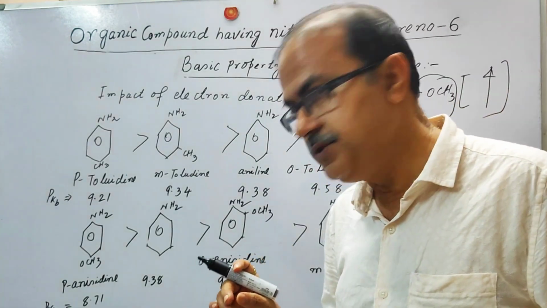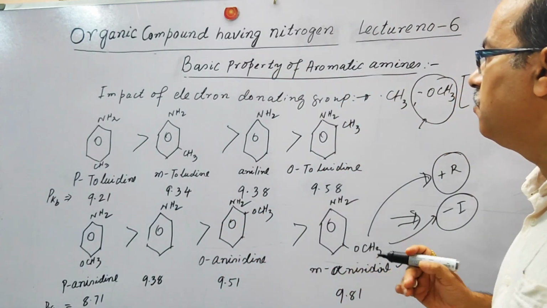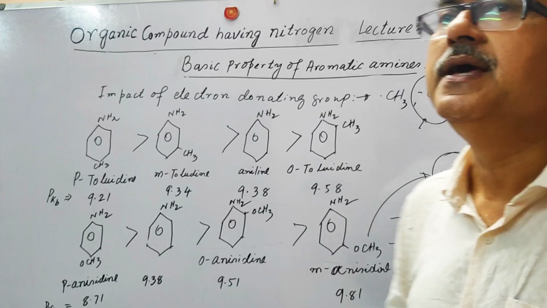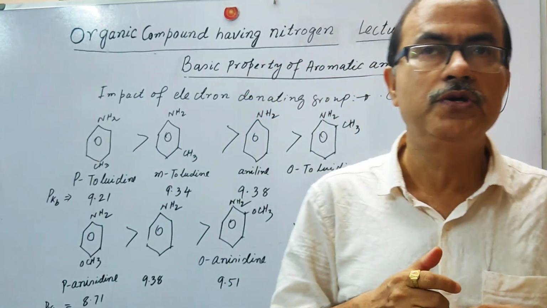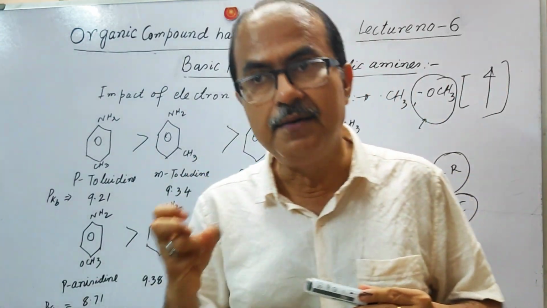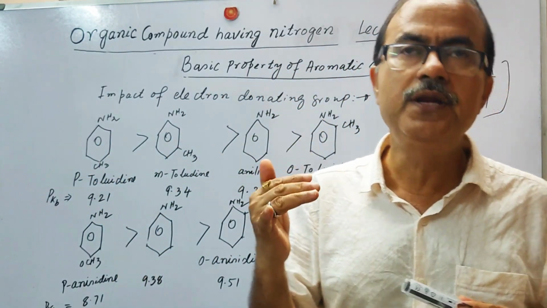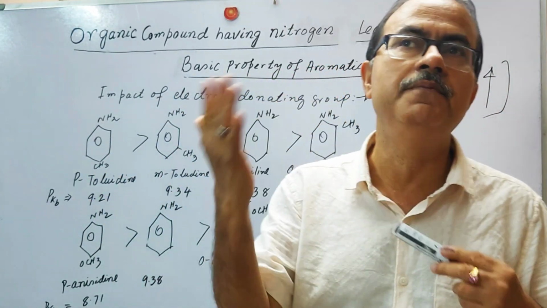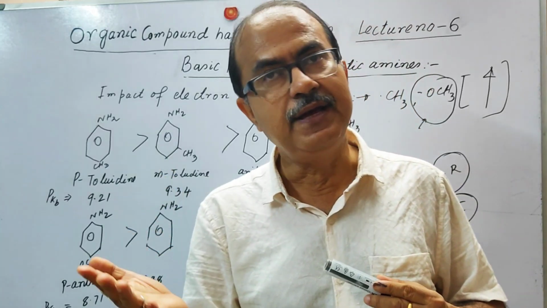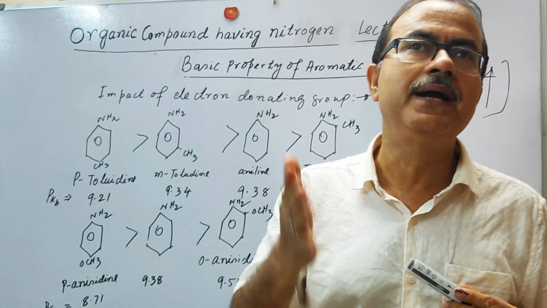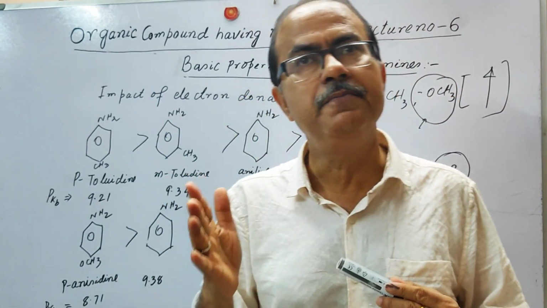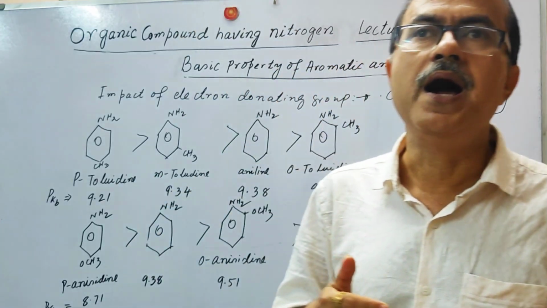So we understand from this discussion that when we are incorporating electron withdrawing groups, it is going to decrease the basic strength in general, but when the position is changing, it will have some impact. We will find that at the para position, the impact is very high.